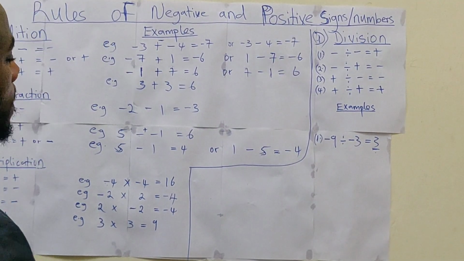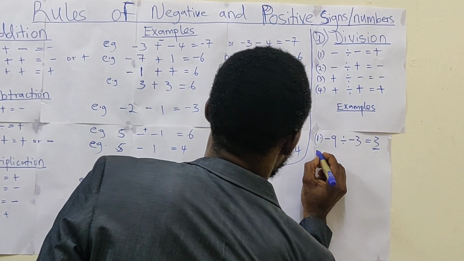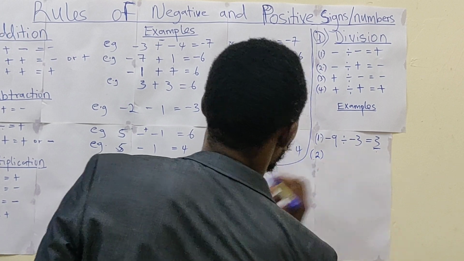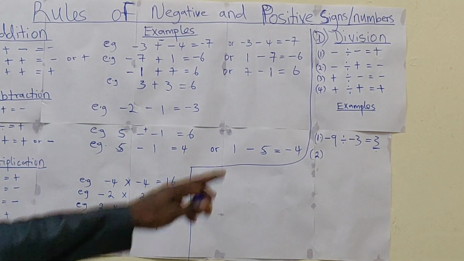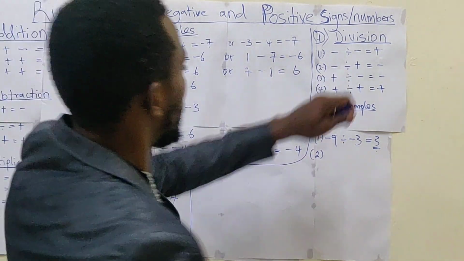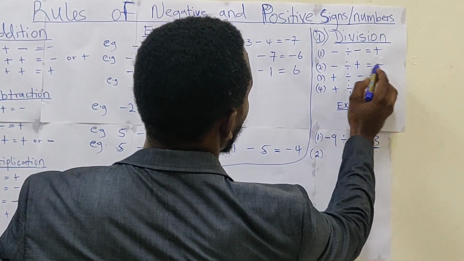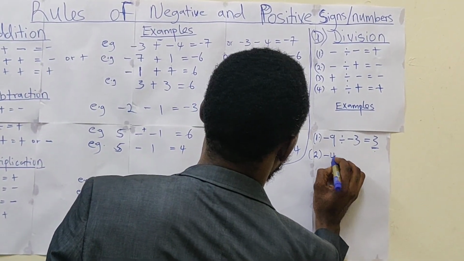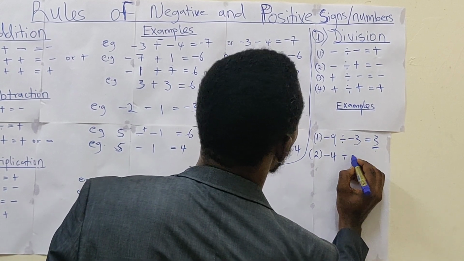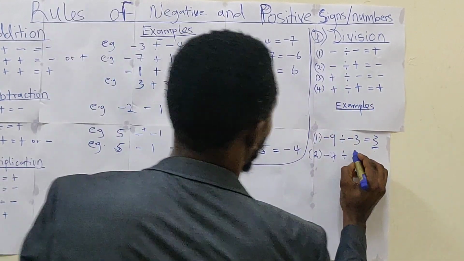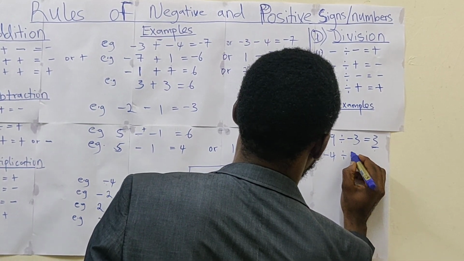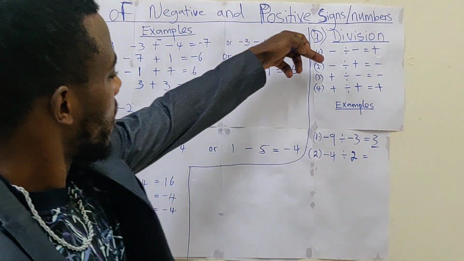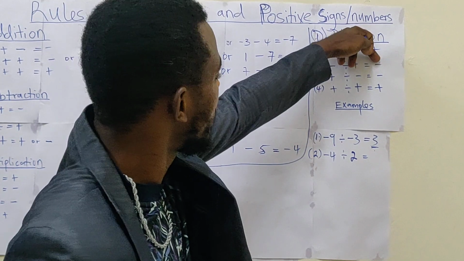The second example. Negative divided by positive is negative. So we have negative 4 divided by 2. Now with this one, when a negative number is divided with a positive number, it is negative.